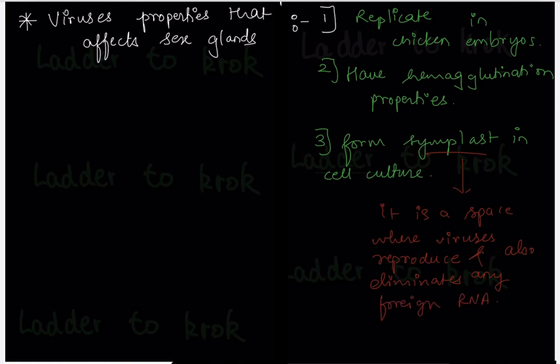So the characteristics of the viruses which affect the sex glands include that they replicate in chicken embryos, they have hemagglutination properties, and they form symplast when they are cultured. Symplast is a space where the viruses reproduce and also eliminate any kind of foreign RNA present over there. I hope this is clear.